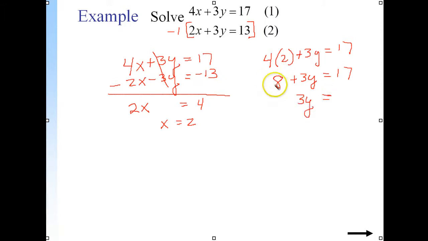I'm going to transpose the 8 to this side. It becomes a negative 8. So this will leave me with a 9. Divide both sides by 3. Y equals 3. So my ordered pair is 2, 3. And putting that into MATLAB, you'll see it is correct.